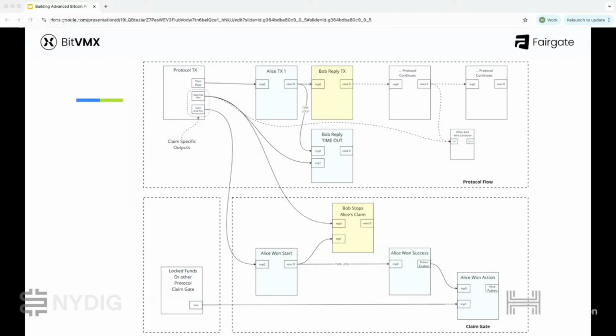After the time lock, if Bob cannot claim that Alice didn't win, Alice can put the "Alice won" success transaction. We have some enabler that will actually allow her to execute the action that you want. In this case, maybe taking the funds, or maybe other claim gates that can be chained together.